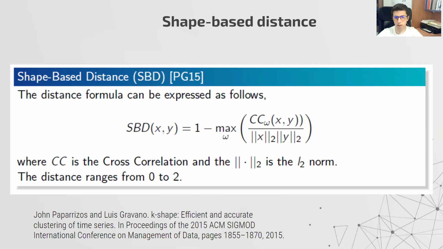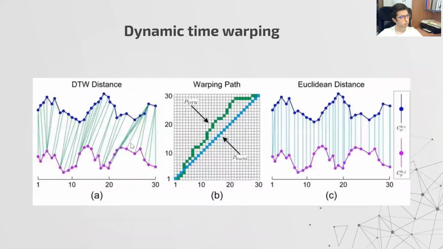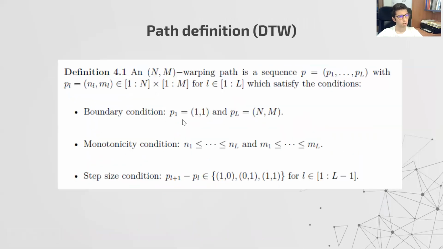Does the boundary condition not allow for shifts in series? Okay, the boundary condition allows for shift, but you have to consider that a minimum error must occur.